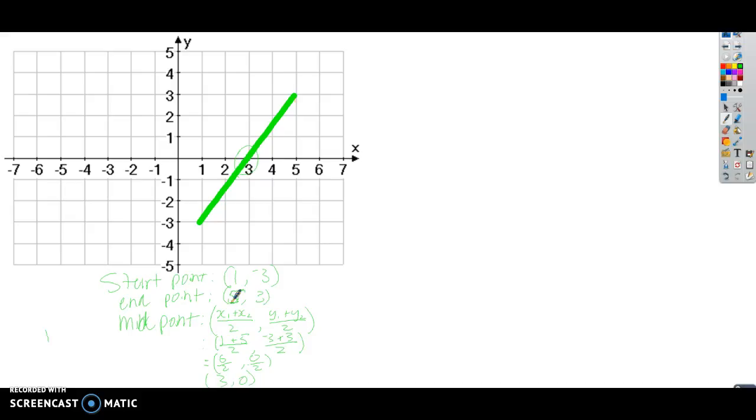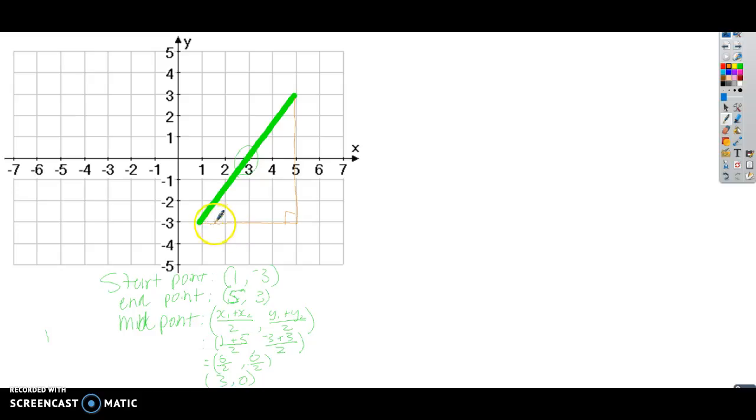But let's have a look at trying to find the length of the line segment. I'm going to use my knowledge of Pythagoras. If I have a look at this line and I cut across there and I cut up there, I can see that I've created a right angle triangle. Just by looking at my Cartesian plane, this one's nice and simple.